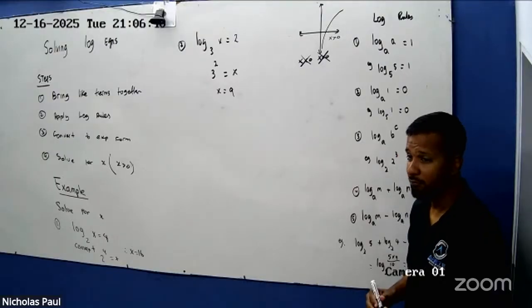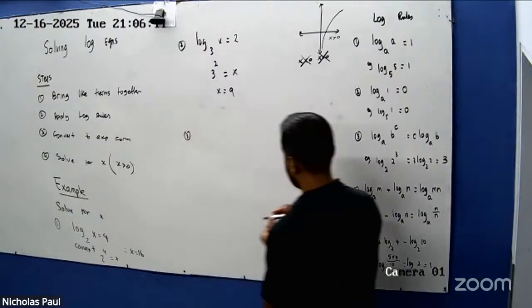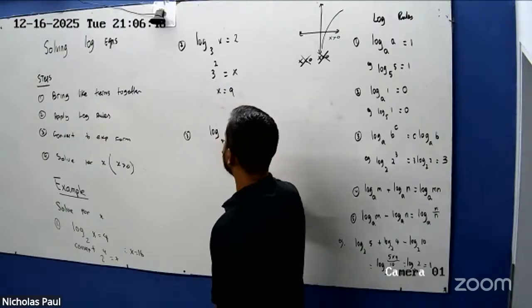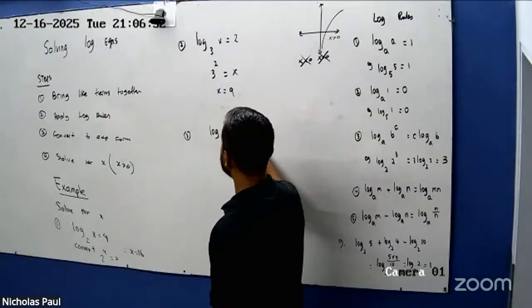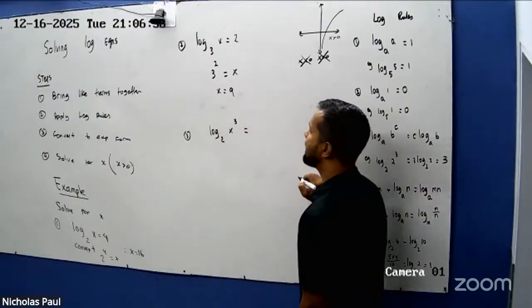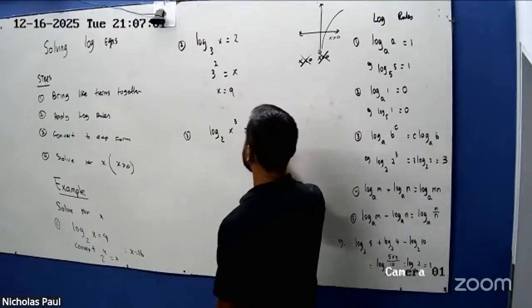You okay with that? Right, now let's see if we can put it together where we have to apply one of the rules. Log to the base 2 of x cubed is equal to 3.